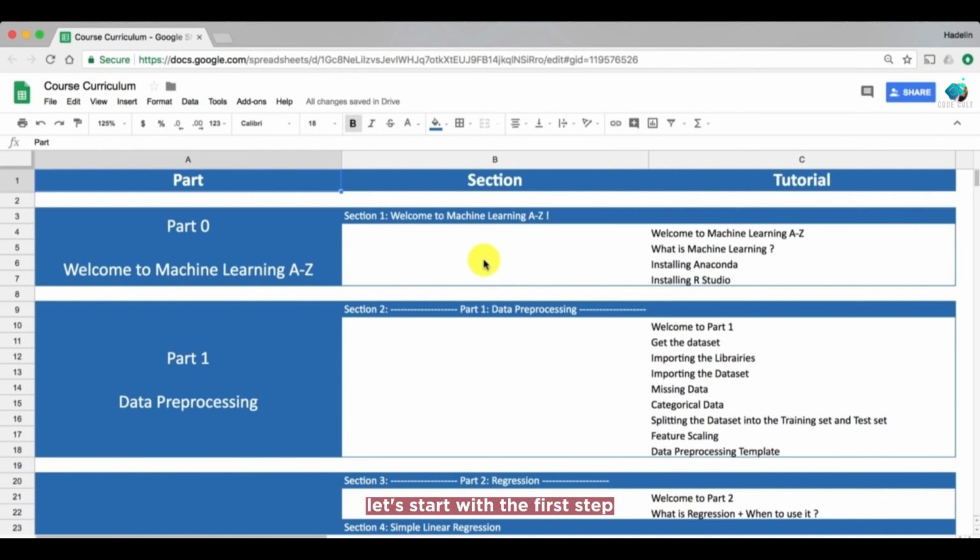So here we go. Let's start with the first step, part 1, data preprocessing. Data preprocessing should be the first step of your machine learning journey. Why is that? It's because without data preprocessing, you cannot apply your machine learning models. Your machine learning models need a certain cleaned format of their input to be able to return the output.